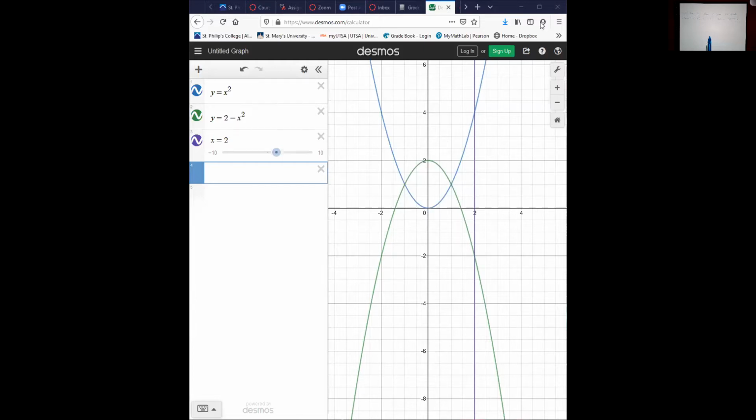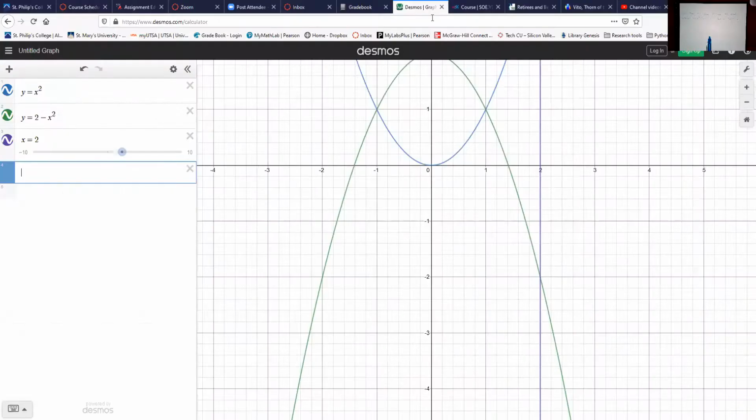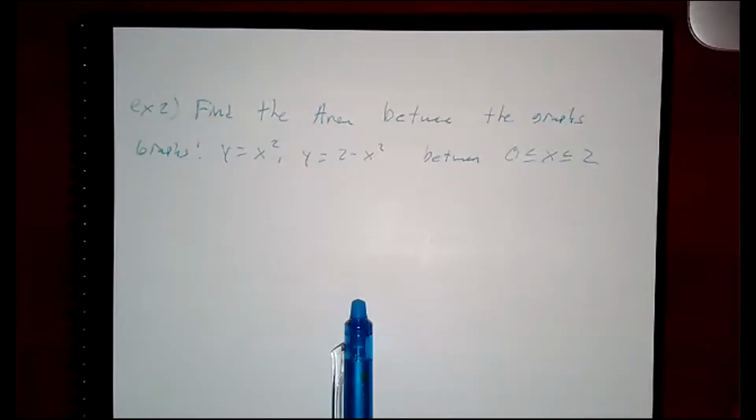That interval makes it harder than the last question, because now I need to make multiple pieces. You see what I'm saying?